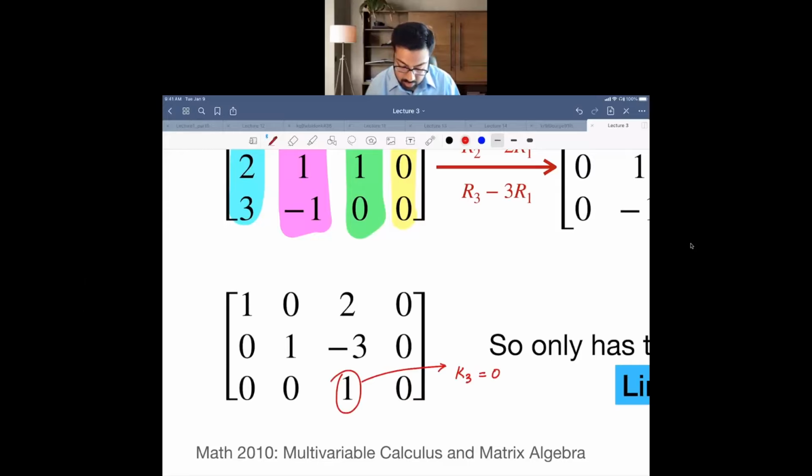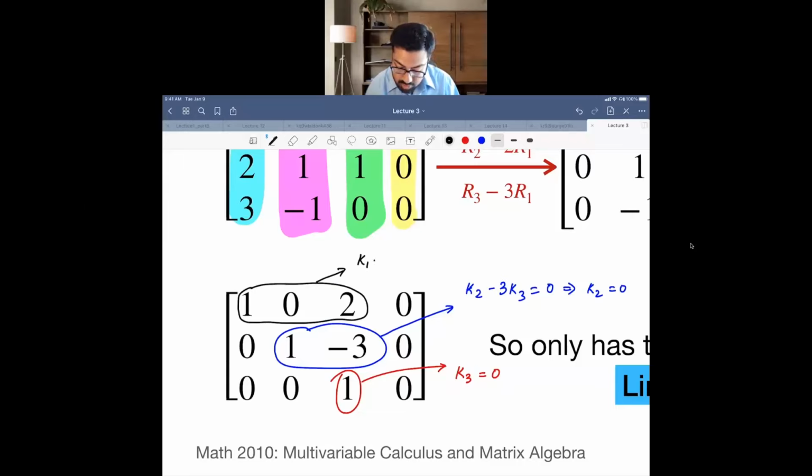And then using this and this, we can say k2 minus 3k3 equals 0, which means k3 was 0, so k2 has to be 0. And then you can use that same thing for this. So if you use this, you can say k1 plus 2k3 equals 0, which implies k1 is also 0, right?